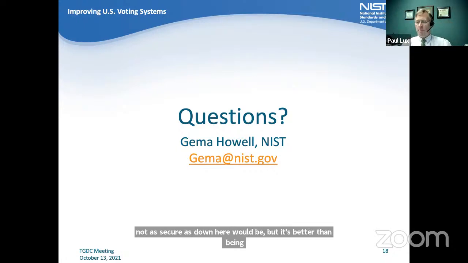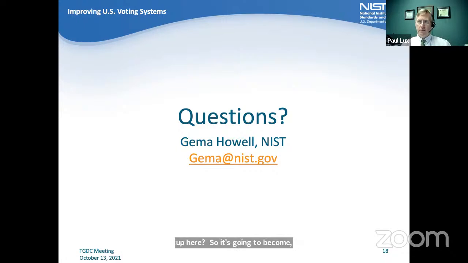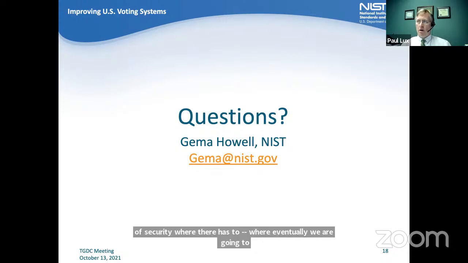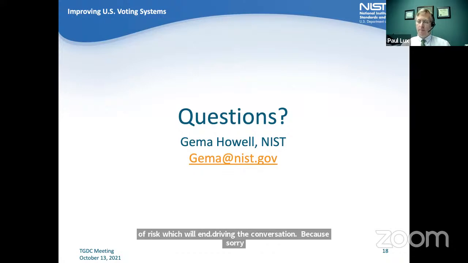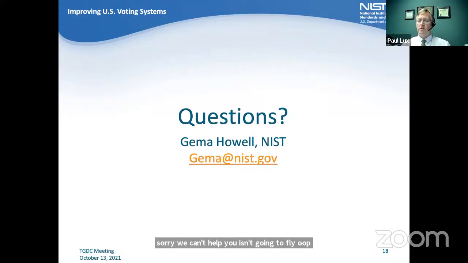So it's going to become, to my estimation, a layer of degrees of security where eventually we're going to have to settle on an acceptable degree of risk, which will end up driving the conversation, because "sorry, we can't help you" isn't going to fly when the federal judge pushes the order down and says, do this.